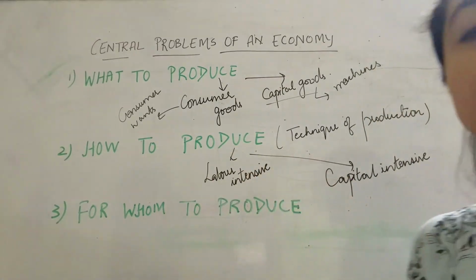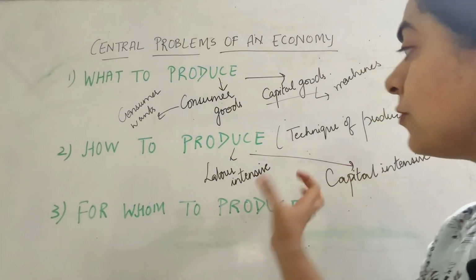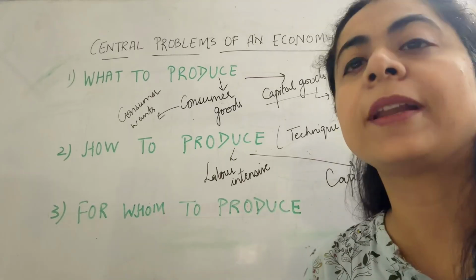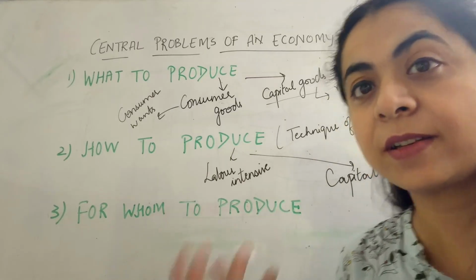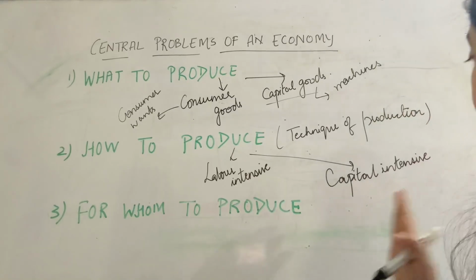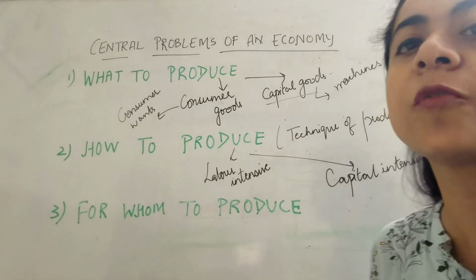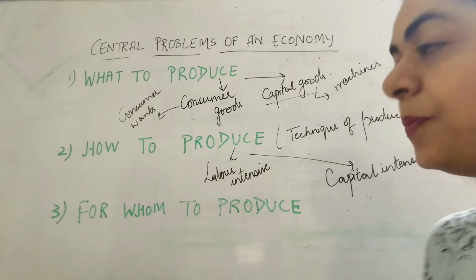Labor intensive technique of production involves use of more labor, like for example in India, if we talk about agriculture sector, it is labor intensive in nature. And capital intensive techniques means more of mechanization, use of more technology.